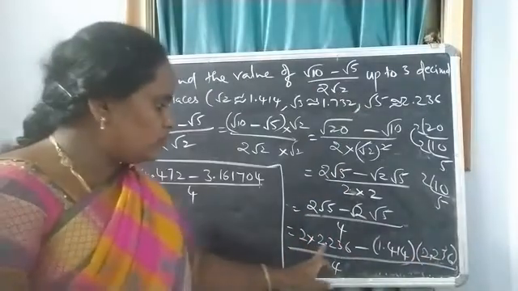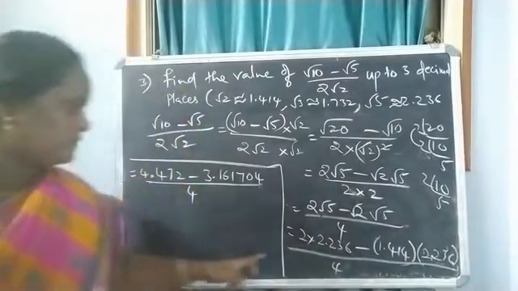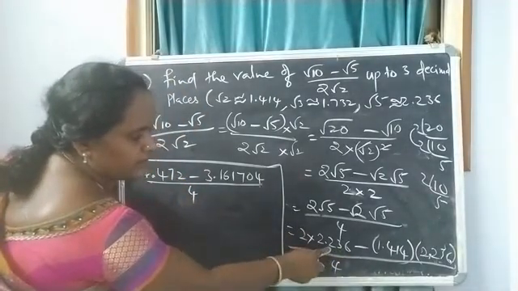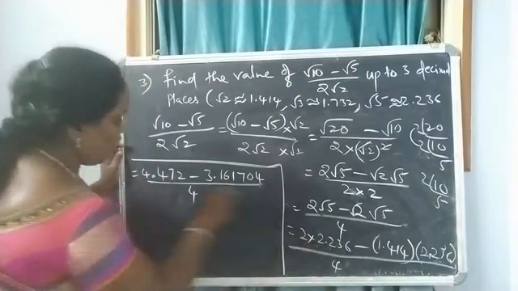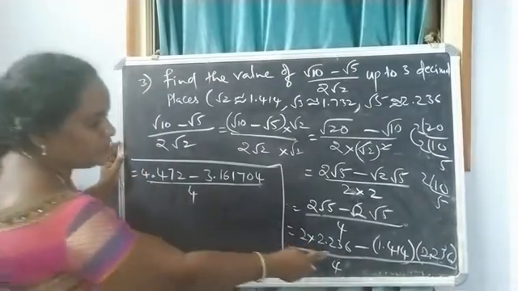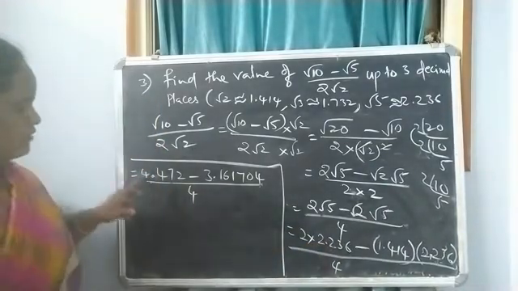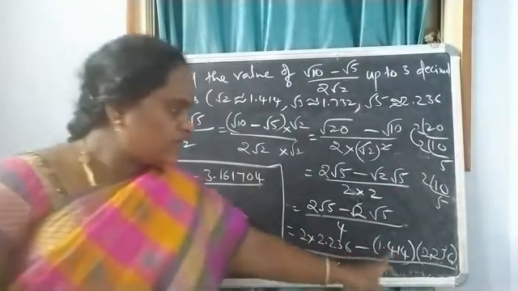So 2 into 2.236, if we multiply, 2 sixes are 12, 2 threes are 6 plus 1 carried, 7, 2 twos are 4, 2 twos are 4. The point is there after 3 decimals. So 4.472.